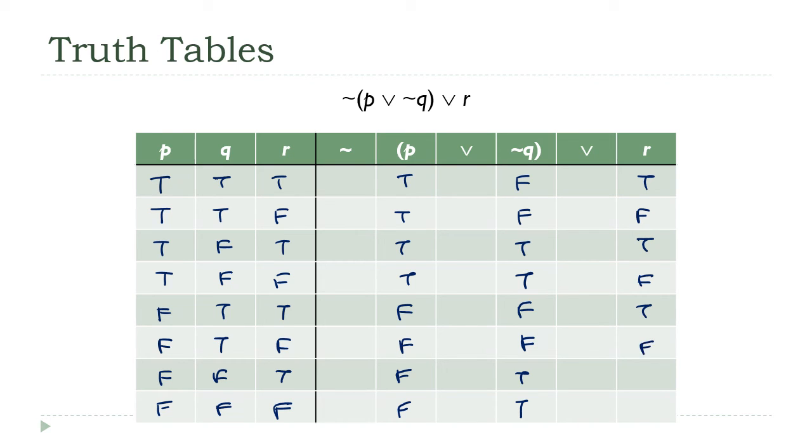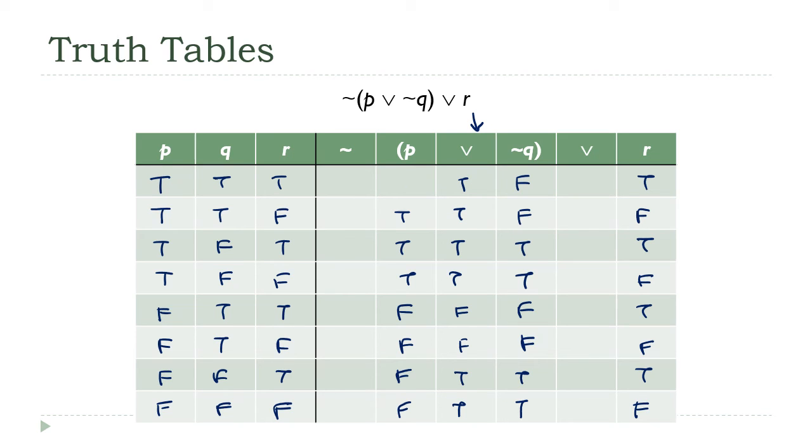It just strictly alternates, starting with true. Okay, now parentheses come first. So first I have to do this or, and remember how I think about this, false and false will give me a false result. So these two are false, everything else is true.